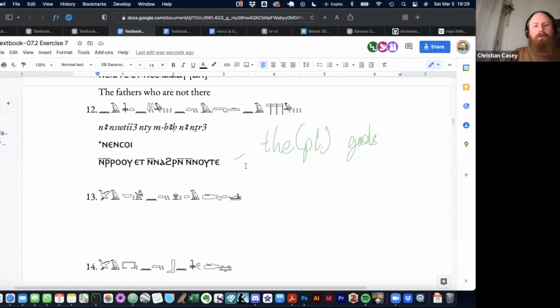Or we could say Venter, and then that's this one. Oh, well, I can't do that in English because English doesn't have an irregular plural of the word God.